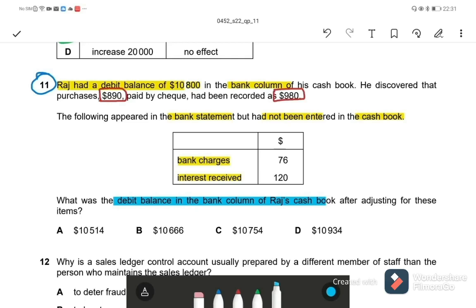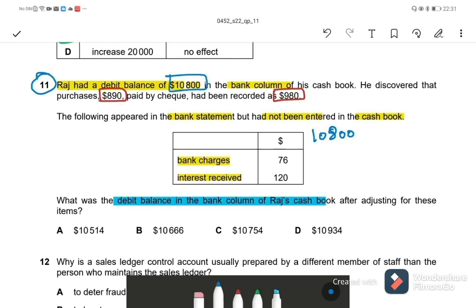So here, what is the balance? The wrong balance is 10,800. Now he discovered that the purchase 890 paid by check had been recorded as 980.